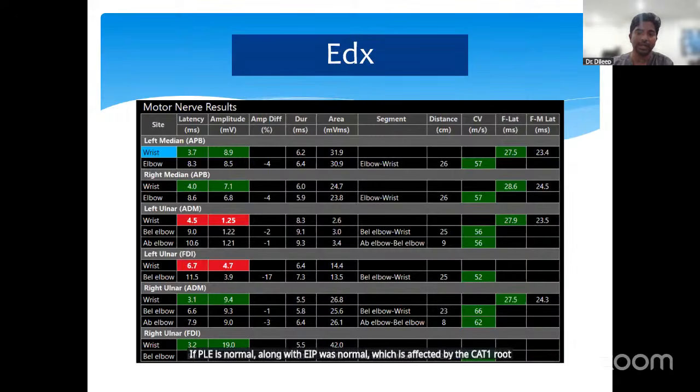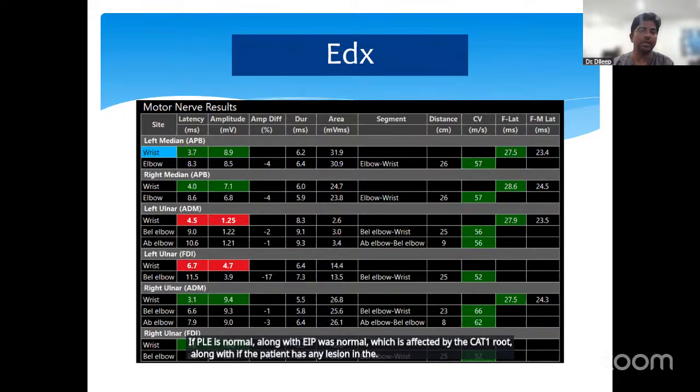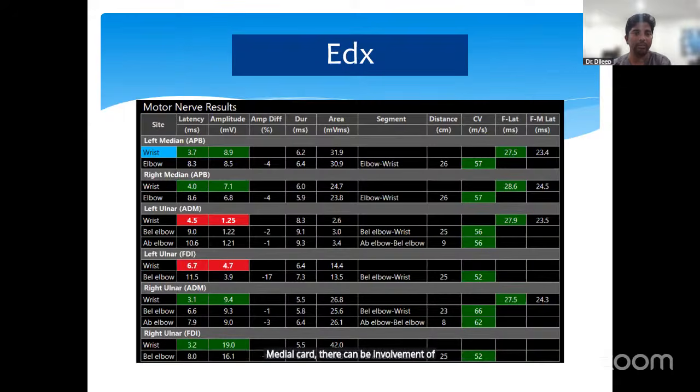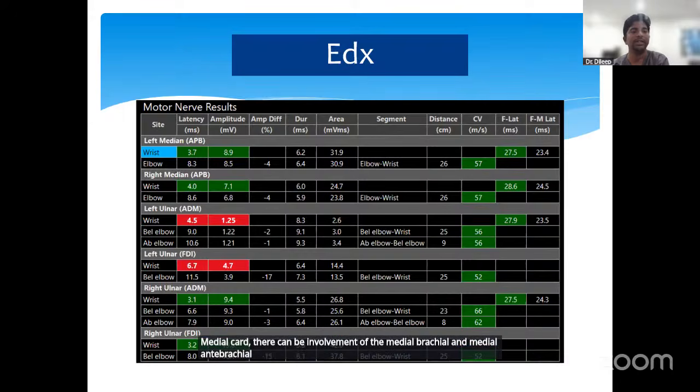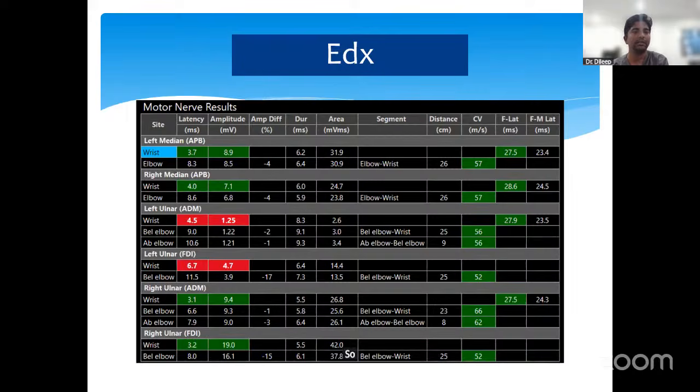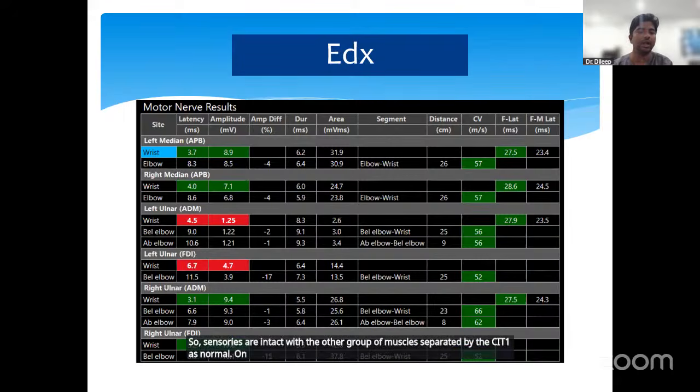If the patient had a lesion in the medial cord, there could be involvement of the medial brachial and medial antebrachial cutaneous nerves, which would affect the forearm muscles. Here the sensory supply, the dorsal cutaneous and the palmar cutaneous nerves, is also normal, ma'am. So sensories are intact, and the other muscles supplied by C8-T1 are normal. Only the ulnar group of muscles, the hypothenar and interossei, are affected.